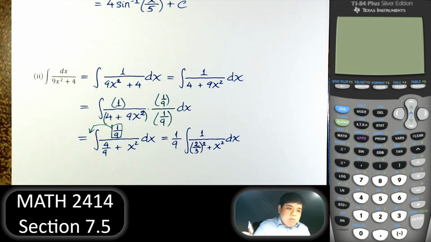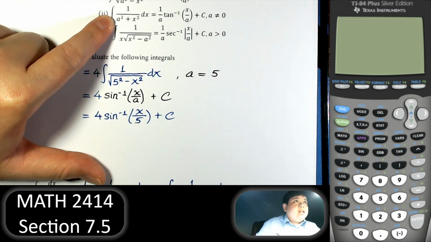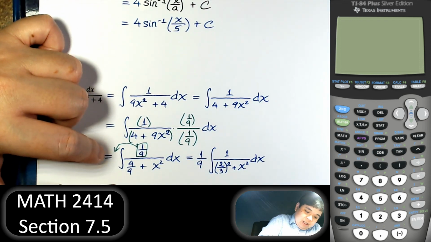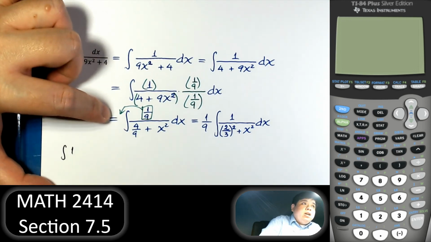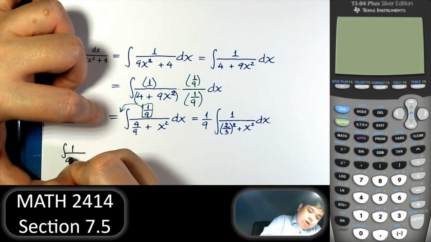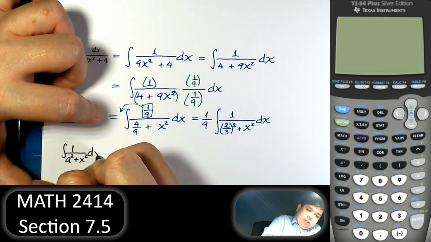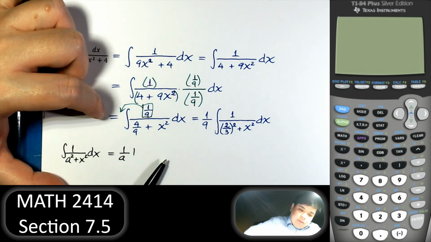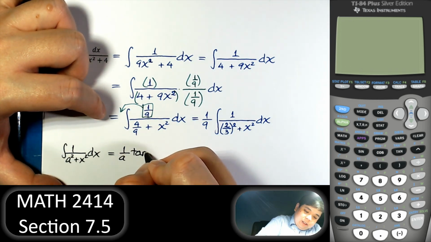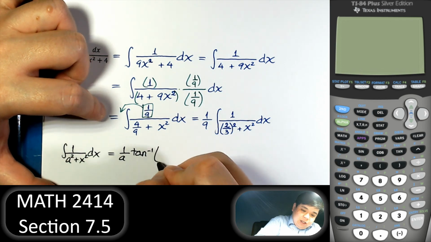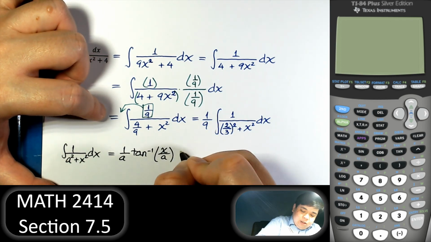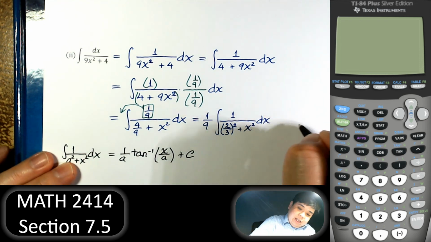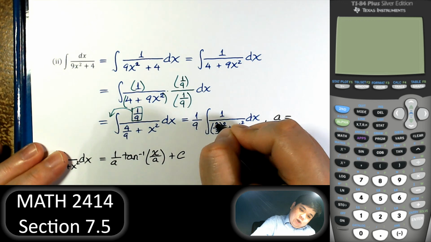Right. What the formula says is going to be this, so I'll just write the formula here. Integral of 1 over a squared plus x squared is 1 over a tangent inverse of x over a plus c. And in this case we have a equal to 2/3.